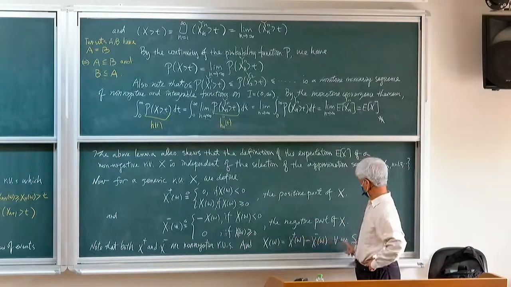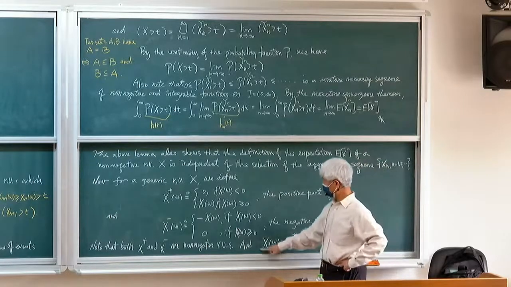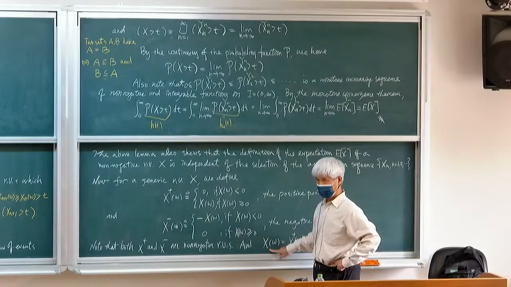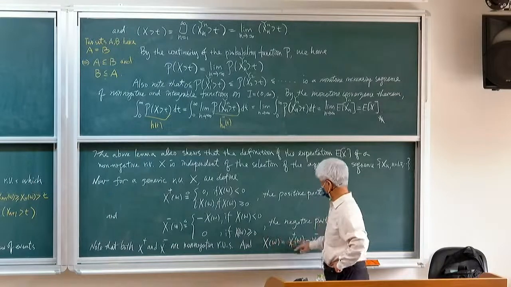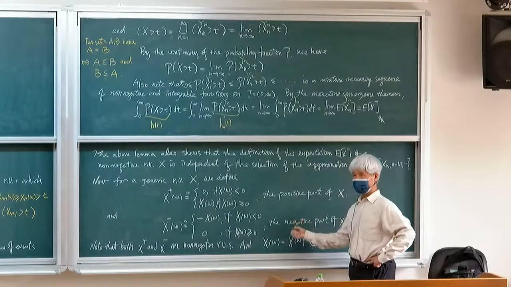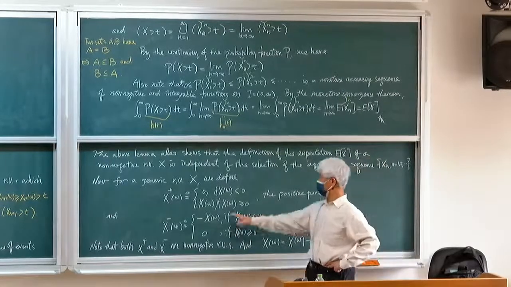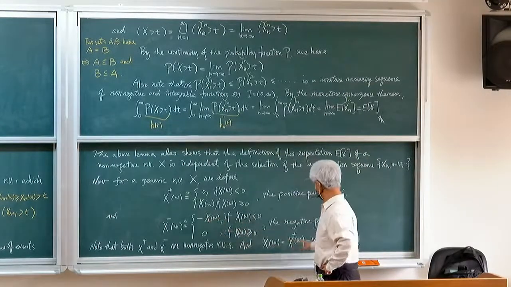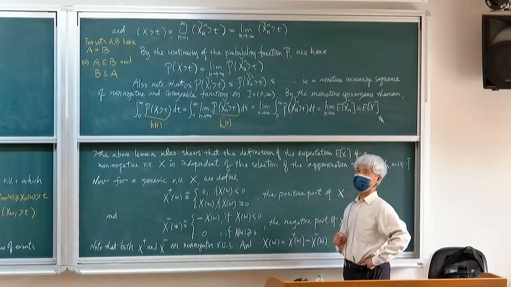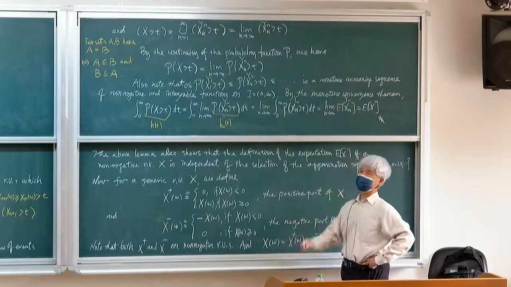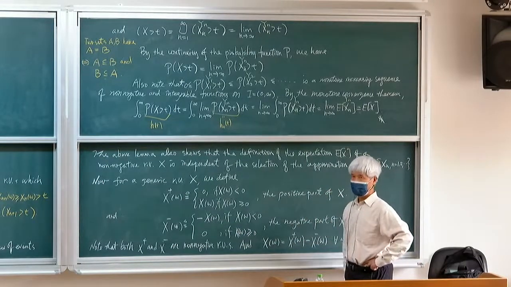If for some outcome the value is negative, then the positive part is 0, and the negative part is minus X(omega). So minus minus becomes positive X(omega). Okay, so they will be the same.